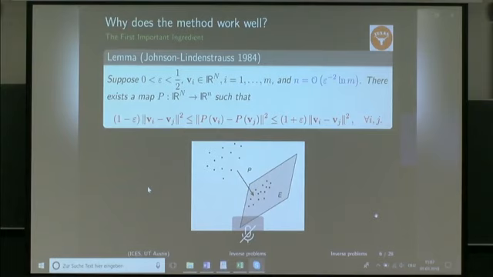This lemma says the following: if you have v_i, all of your capital N-dimensional vectors, and N is assumed to be big, then there exists a map P that takes capital N-dimensional data into little n-dimensional data such that it still preserves geometry. In Hilbert space, as soon as you preserve geometry, that's all that matters. In the figure I showed, points in high-dimensional space through P get mapped to a low-dimensional space. The error that you make is epsilon, and epsilon can be determined as a function of n. In fact, it's 1 over square root of n.